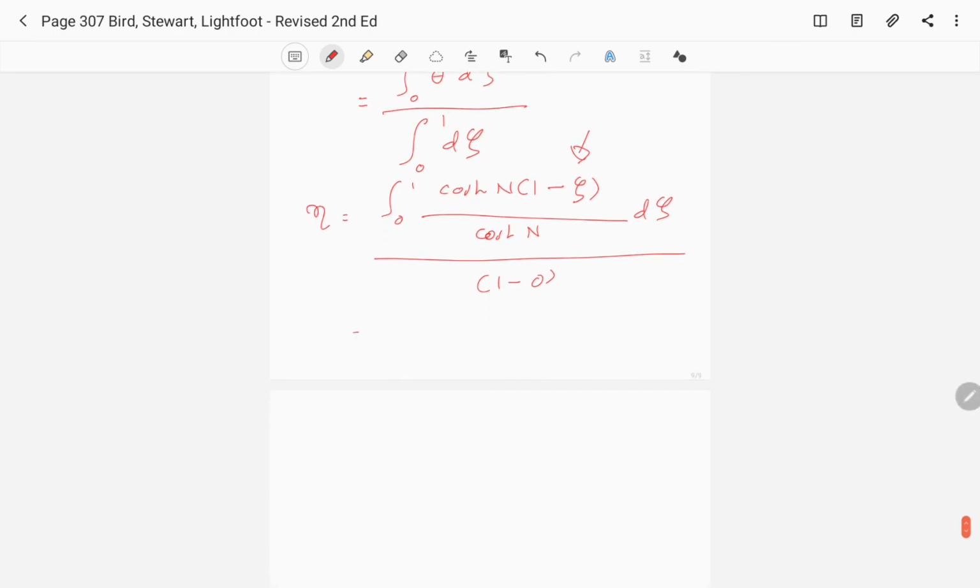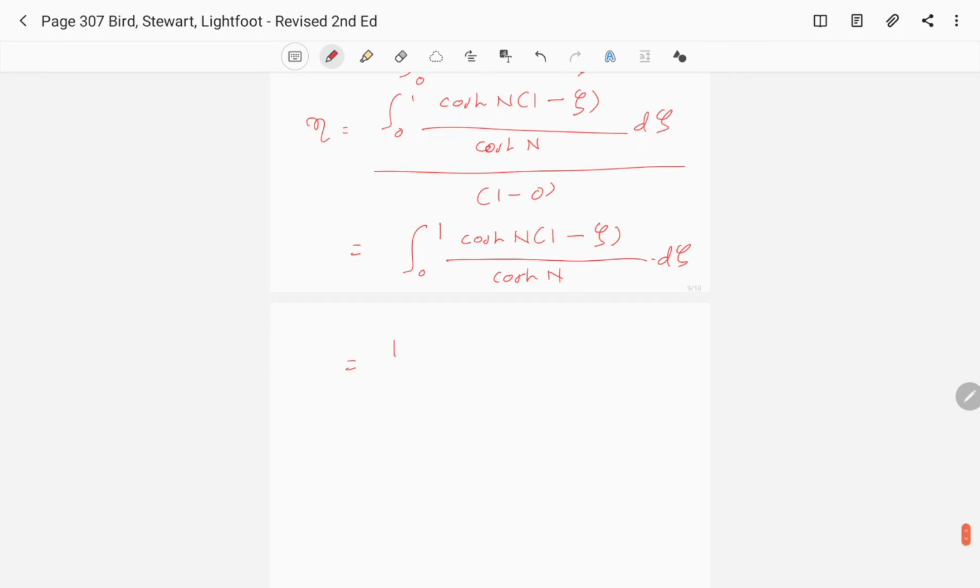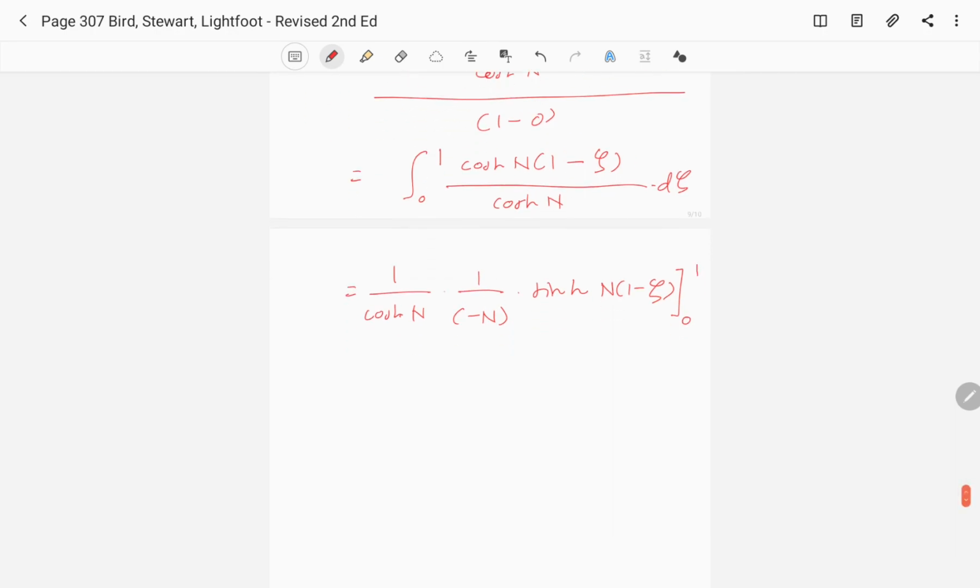Then this will be equal to the integral from 0 to 1 of cosh n(1 minus dimensionless distance) divided by cosh n, and this will be equal to 1 over cosh n, times minus 1 over n sinh n(1 minus this dimensionless distance), from 0 to 1.